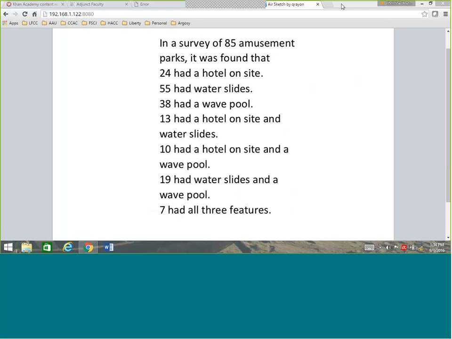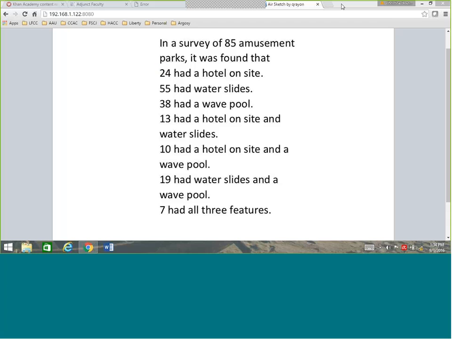So when I look at this, I see in the first sentence that my universal set has 85 parks. So when I'm done with my Venn diagram and I add up all the numbers in the Venn diagram, it should add up to 85. Now, if you add up all these numbers, you don't get 85. So it's not so simple as just taking these numbers and throwing them in the picture.